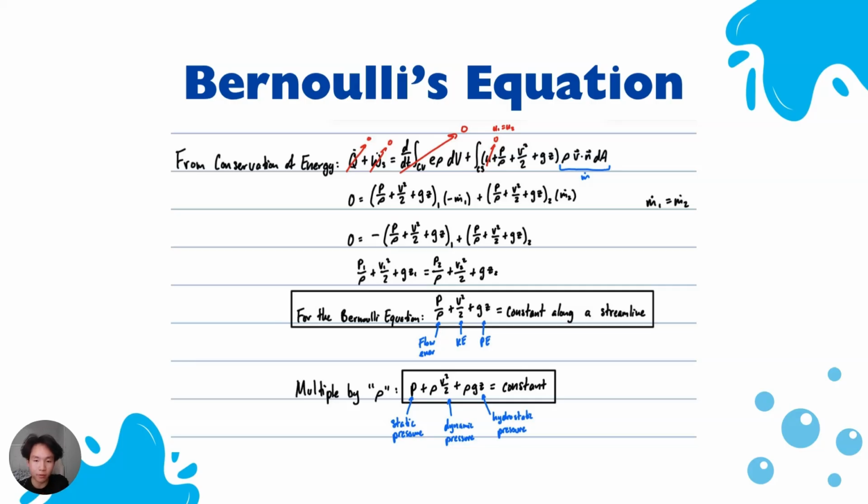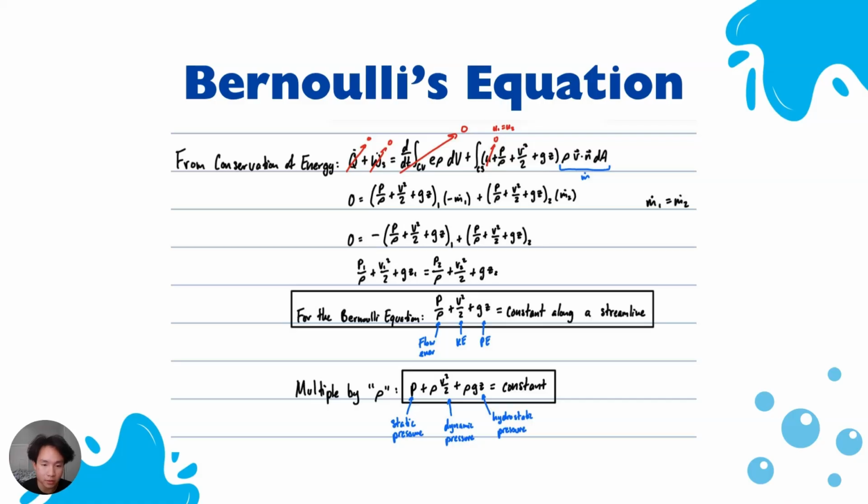And then by rearranging, we get this equation here. It's P1 over density plus V1 squared over 2, plus gravity times the elevation, is equal to the second one.